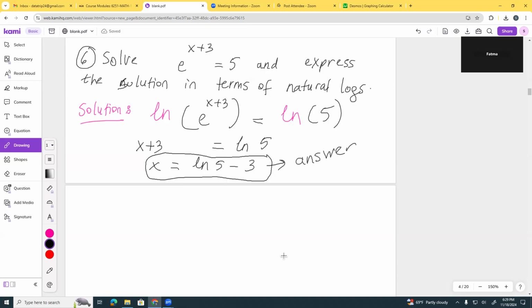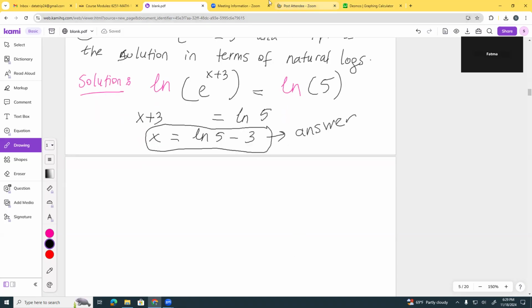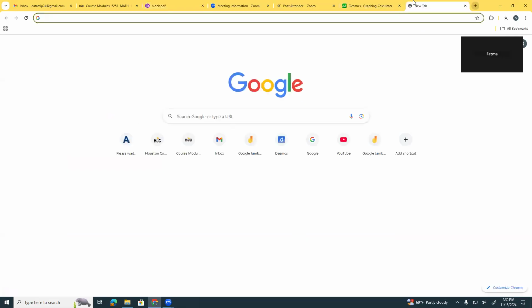Okay, let's do it here one more time. Actually, I don't want to erase it, so I'm just going to add an additional page here.